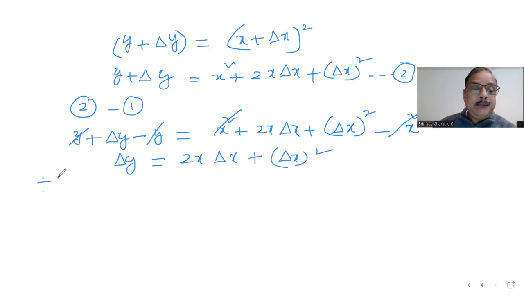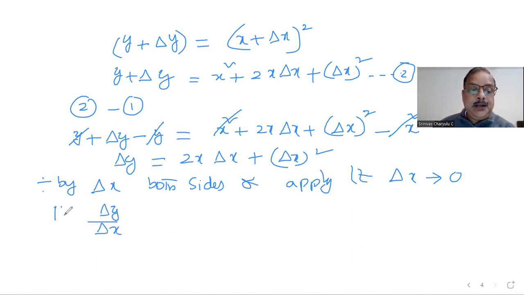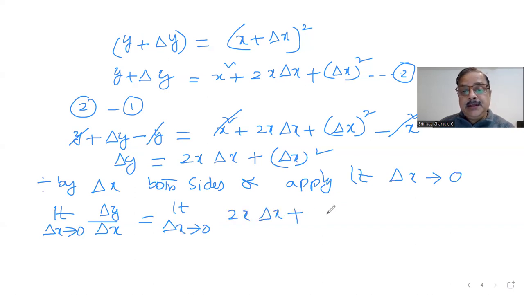Divide by delta x both sides and apply limit delta x tends to 0. Then what you will get? First you have to divide delta y by delta x and put it as limit delta x tends to 0. And right here, limit delta x tends to 0, 2x delta x plus delta x whole square.